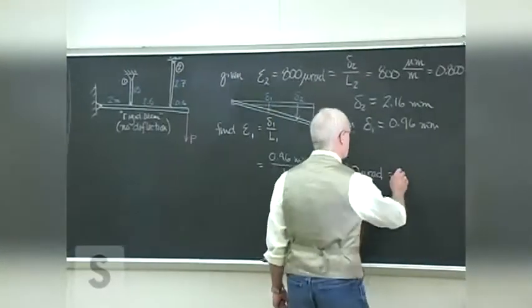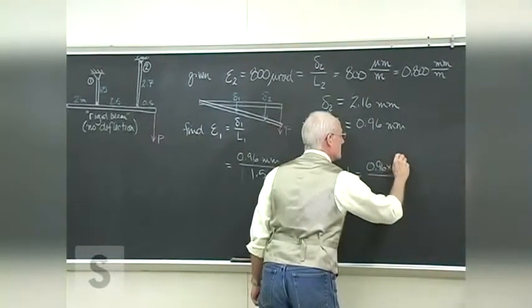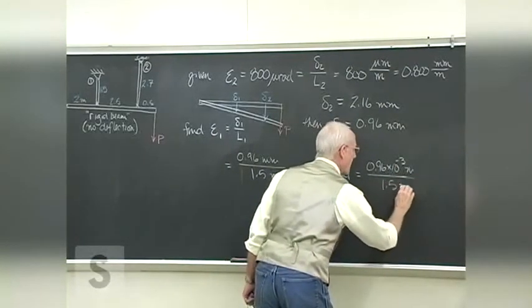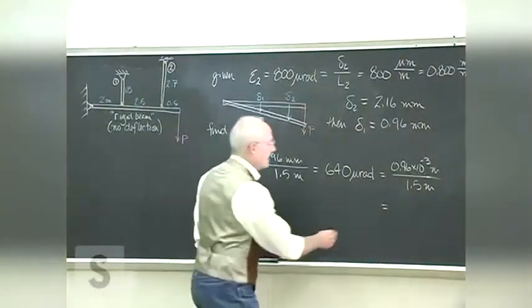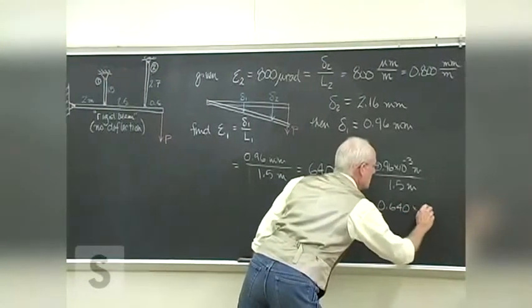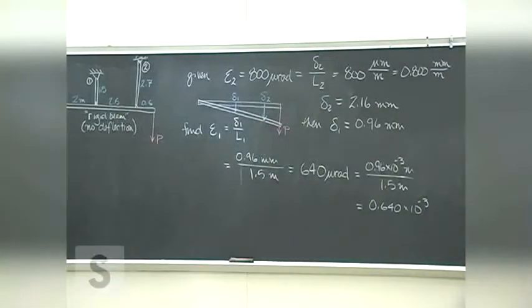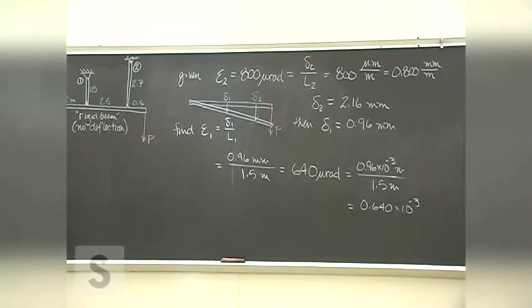As a percent. A millimeter is 10 to the minus 3 meters. That's going to divide to 0.64 times 10 to the minus 3. And how many percent is that? Somebody save me here. 0.064%.